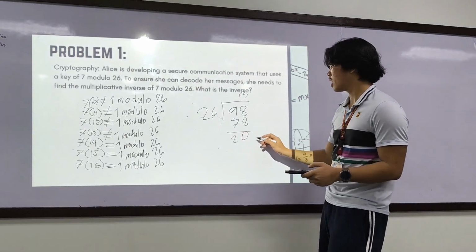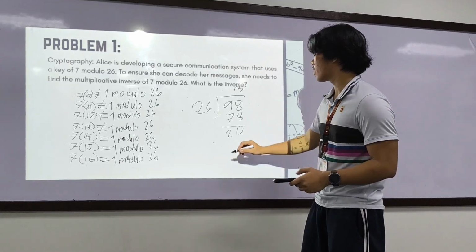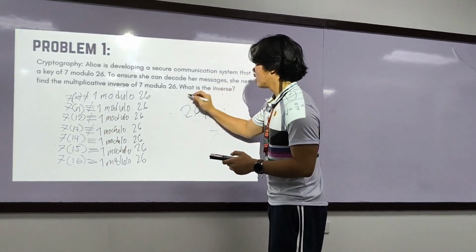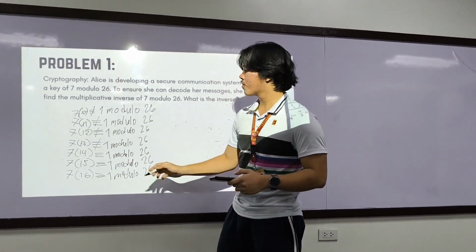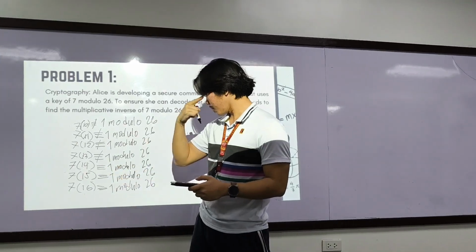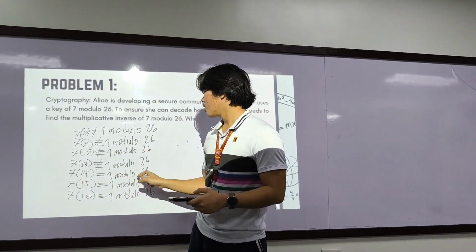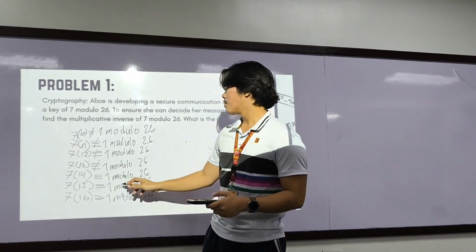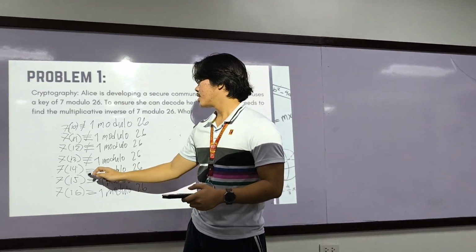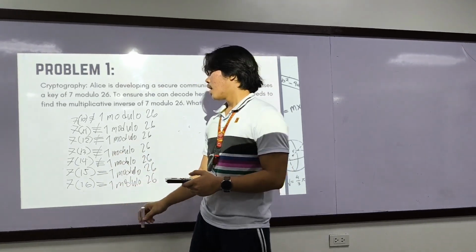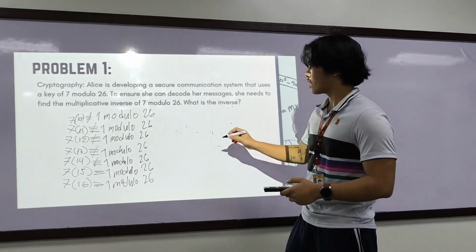So still not equal to the remainder of 1. So we could conclude that 14 is not a multiplicative inverse of 7 modulo 26.